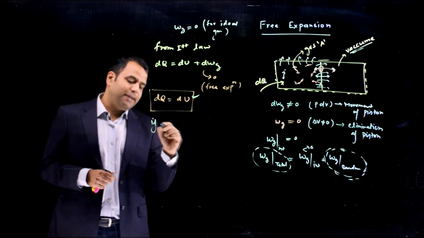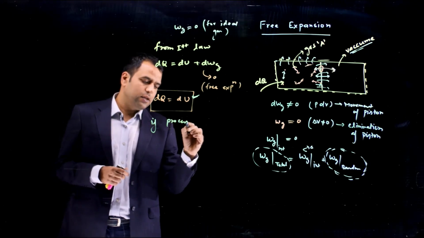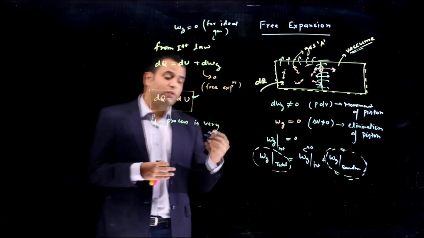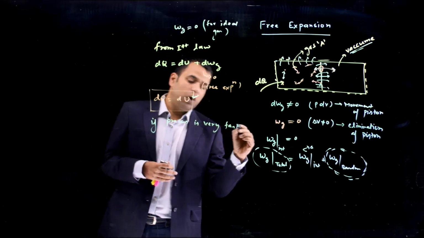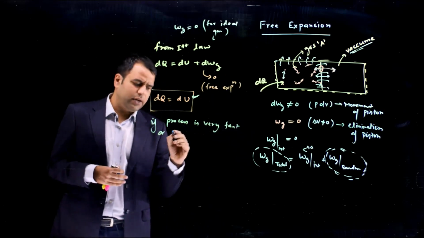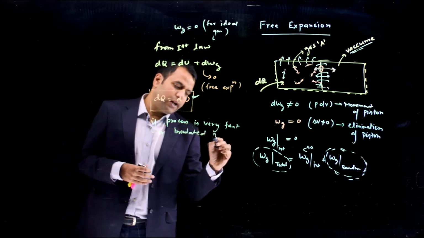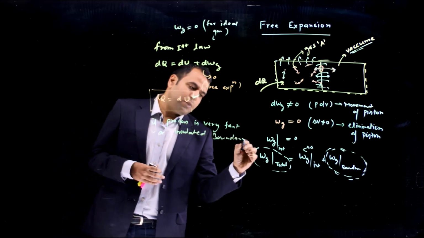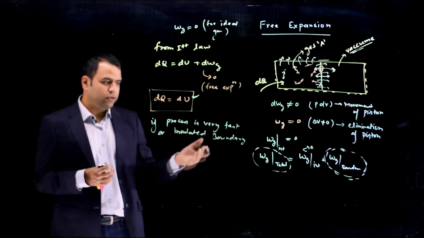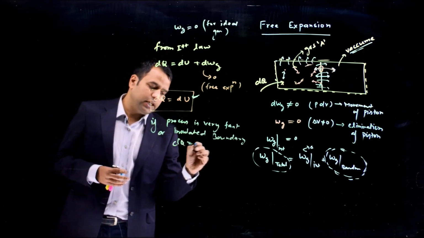Now if my process is very fast, meaning the change in volume is happening very suddenly, or the boundary of the system is an insulated boundary, by which we mean there is no heat transfer between the system and surrounding, then we can say dq is 0.